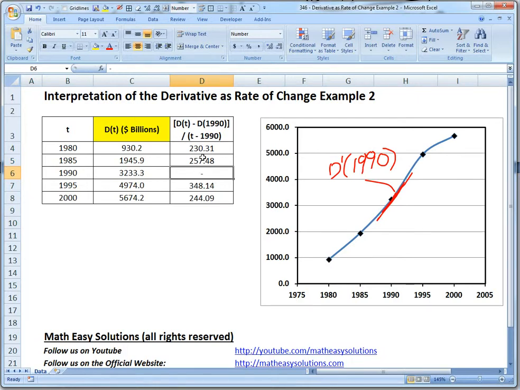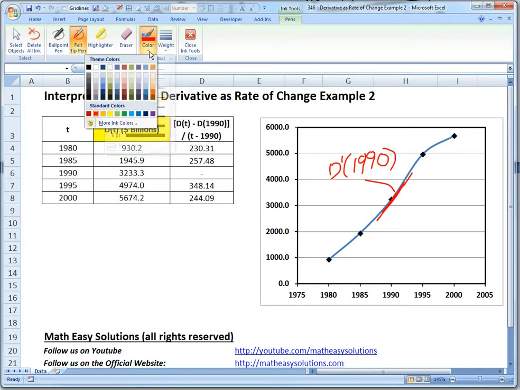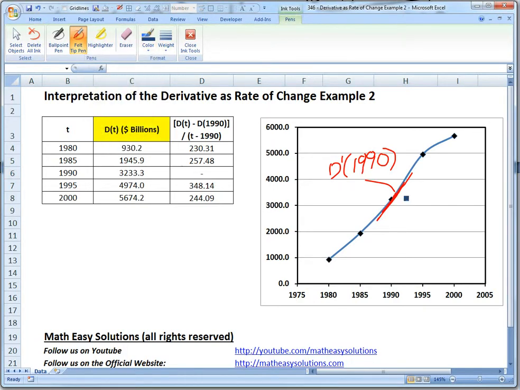What this means is that from 1980 all the way to this point, if we were to draw a line, let's change the color to blue, actually I made it green, from here to here we have 230.